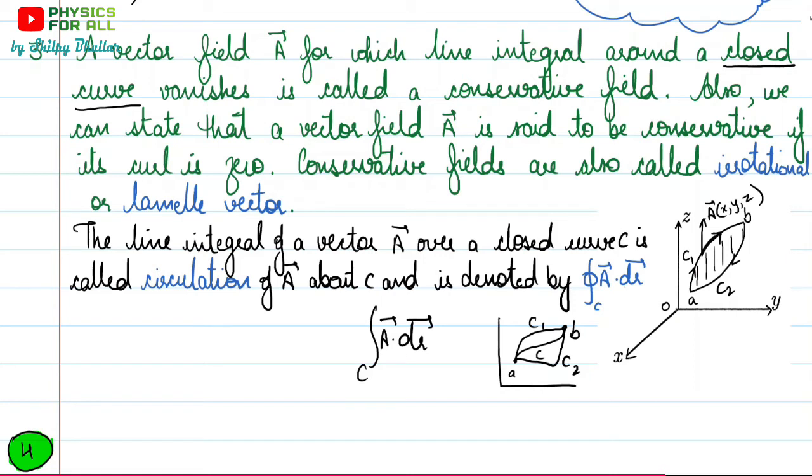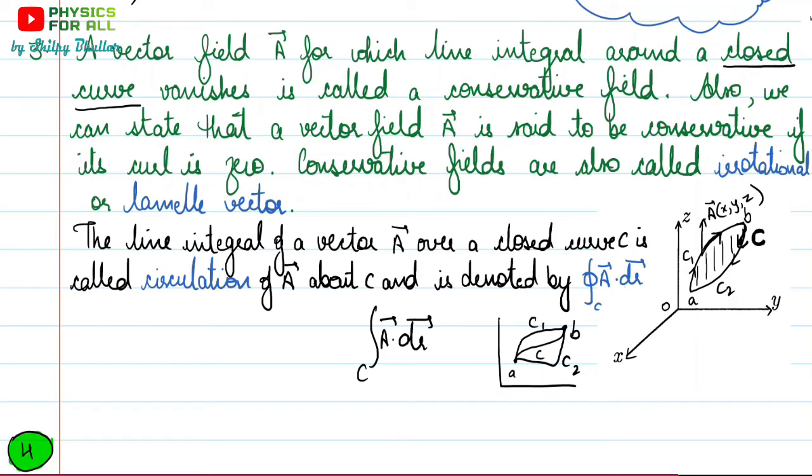But if we are talking of something which is closed, here we are saying that it's a closed curve C basically. So let me denote it by that. This is a closed curve C. We made two paths, C1 and C2.